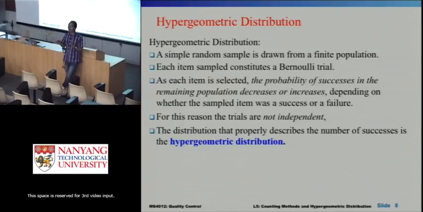From now on, you cannot assume all discrete distributions are binomial distributions. You need to check if it's a Bernoulli trial, if we have the same successful probability for all the trials. If they are, then go to binomial distribution. If not, go to the hypergeometric distribution.